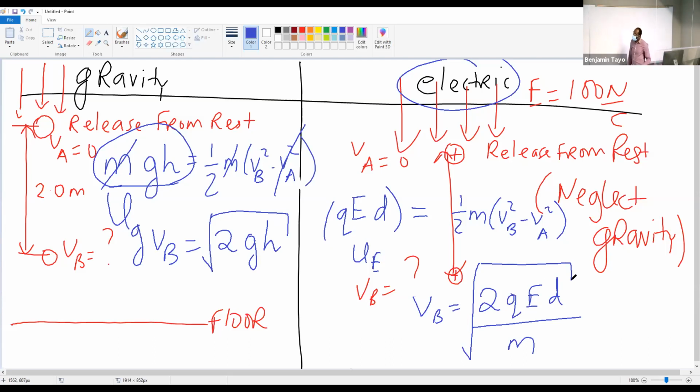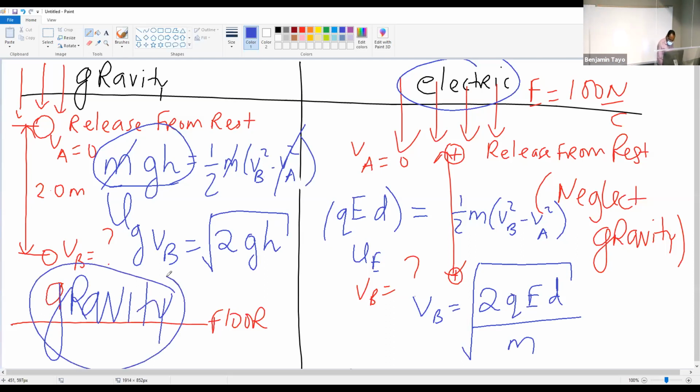The reason why I'm showing this example is I want you guys to see that the two quantities are kind of alike. One problem here is about the force of gravity, and the second example is just looking at electric.